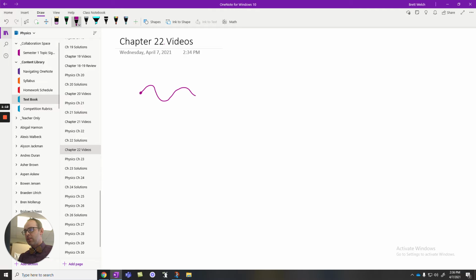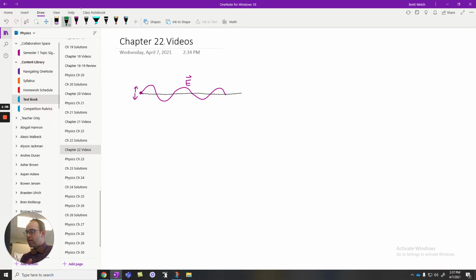Imagine my electric field, in purple here, and a center line that runs through it. Imagine that this is an oscillation in the up-down direction.